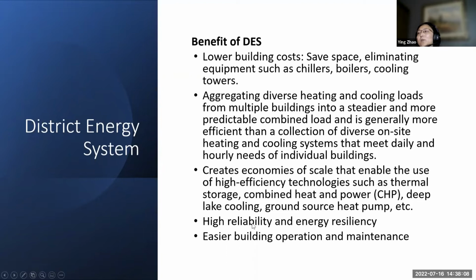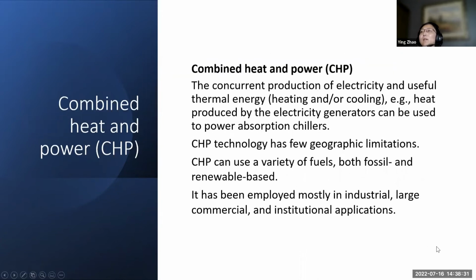They have higher reliability than a system in the building, and they have energy resiliency; it's more reliable. And if you use a district system, you save a lot on building operation and maintenance costs. You don't need those kinds of costs and people to do that.